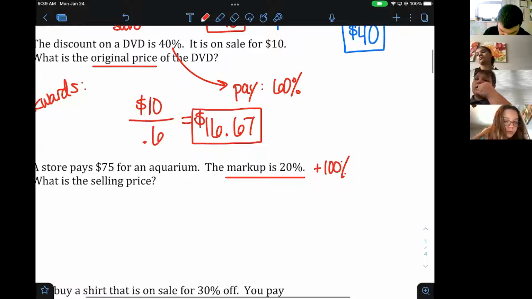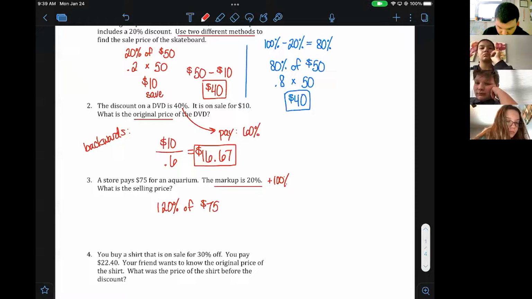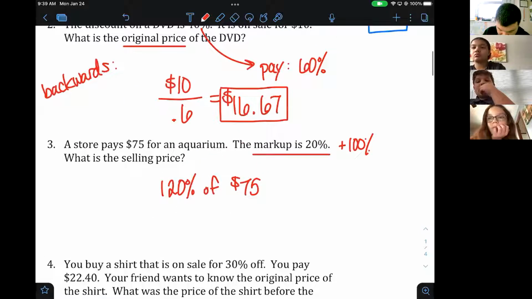That means you are going to pay 120% of the price of that $75 aquarium. They paid $75 for it. You're going to pay 20% more than what they paid for it. So 120%, which is, as a decimal, 1.2. And by multiplying 75 by 1.2, you're going to see the price go up to $90.